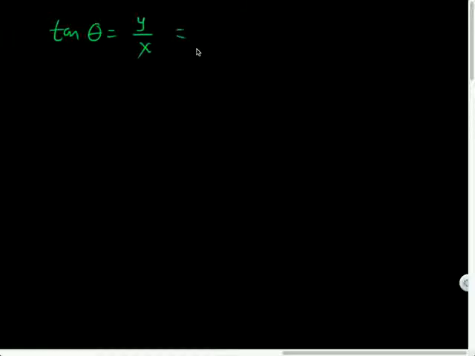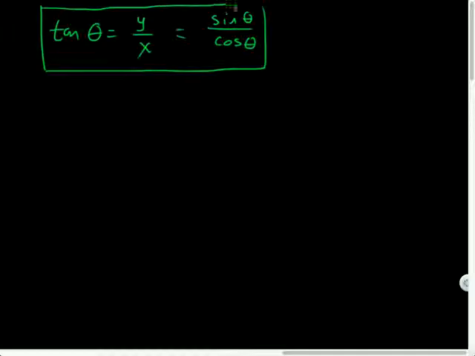We also said that sine theta is equal to y, and cosine theta is equal to x. So using substitution, I could say that tan theta is equal to sine theta over cosine theta. If I replace y with sine theta and x with cosine theta, it turns out that's true.